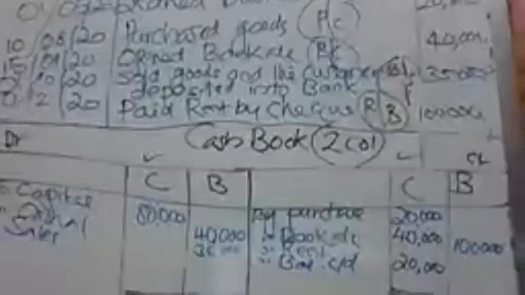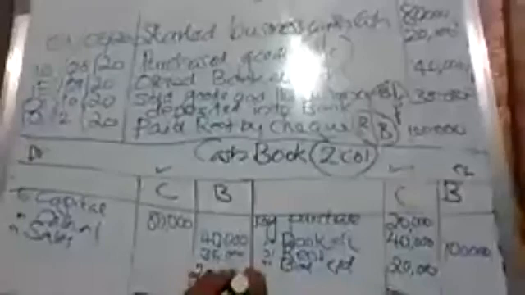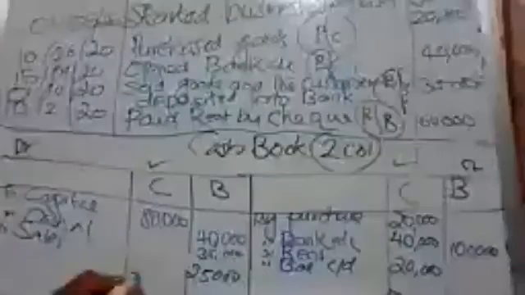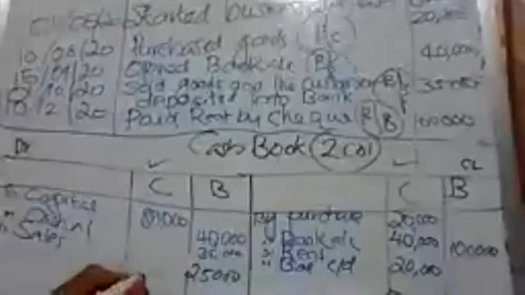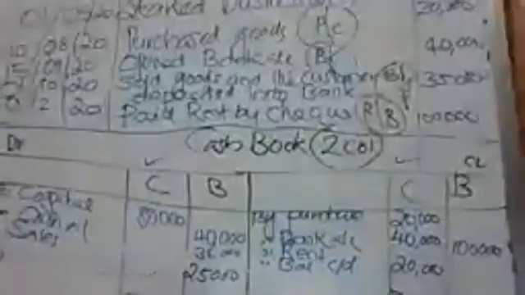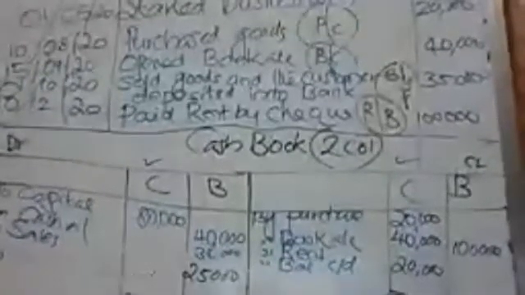25,000. Against this, what will we write, Bindu? We have to write something, right? What do we have to write here?